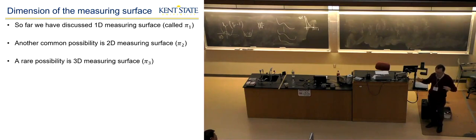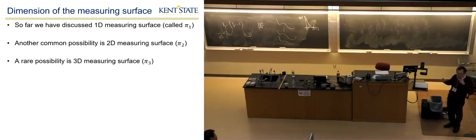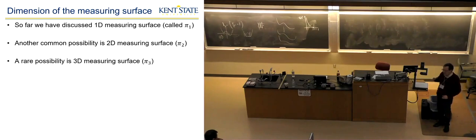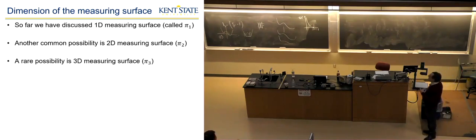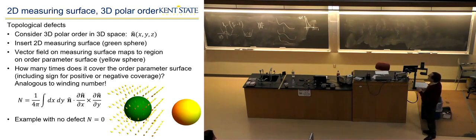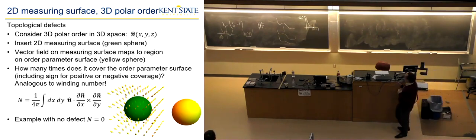But it can be generalized. It doesn't have to be a one-dimensional measuring surface like that. There are more complicated situations that have a two-dimensional measuring surface or even a three-dimensional measuring surface. Let me try to show you. Let's first think about a two-dimensional measuring surface.